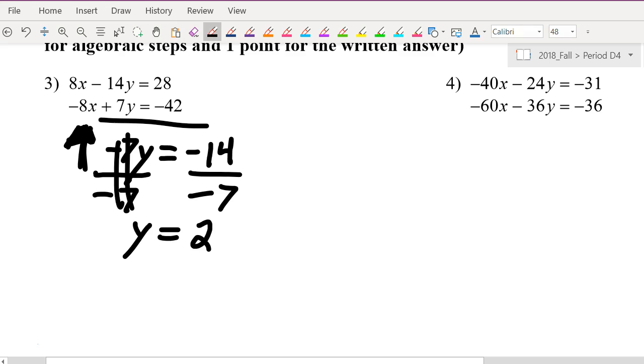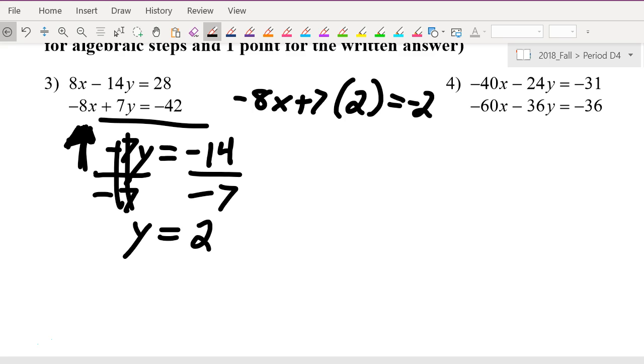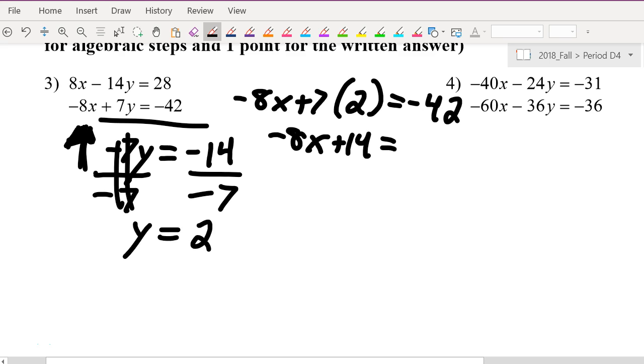Now we need to find our x. So let's put it inside here. Negative 8x plus 7 times 2. It's a little lower number, the bottom equation. All right, negative 8x plus 14 equals 42.